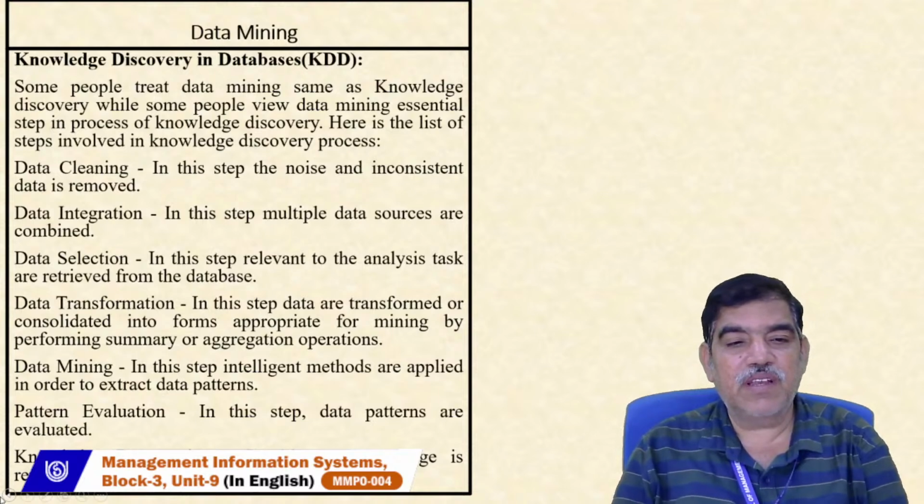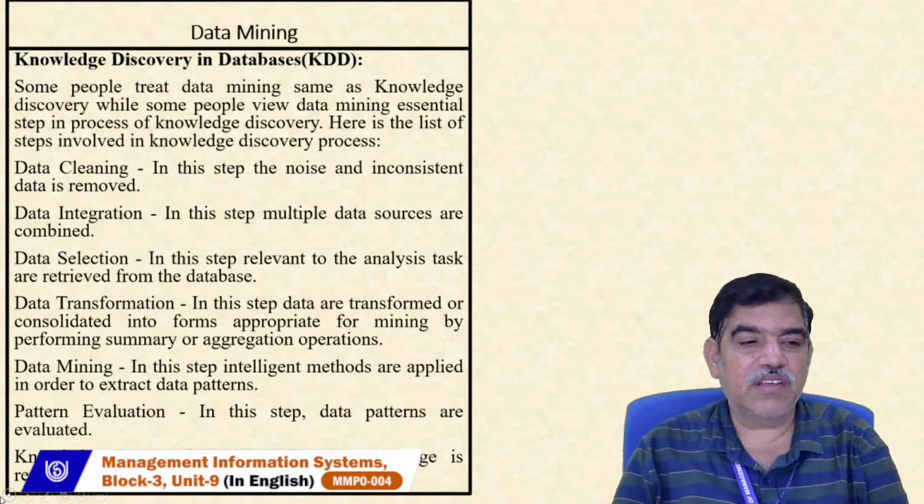In this step, data relevant to the analysis task are retrieved from the database. Data transformation. In this step, data are transformed or consolidated into forms appropriate for mining. Data mining. In this step, intelligent methods are applied. Pattern evaluation. In this step, data patterns are evaluated. Knowledge presentation. In this step, knowledge is represented.